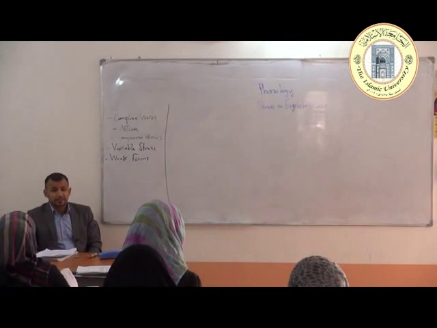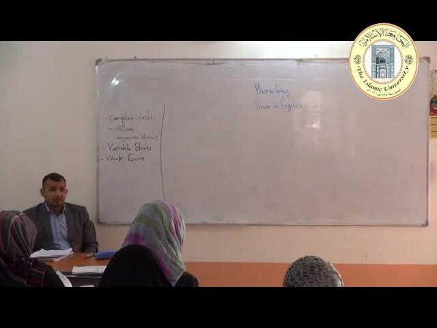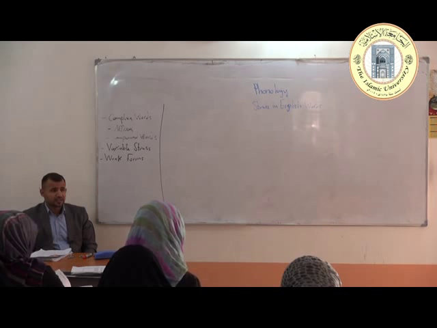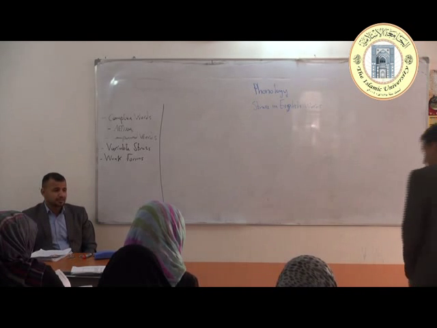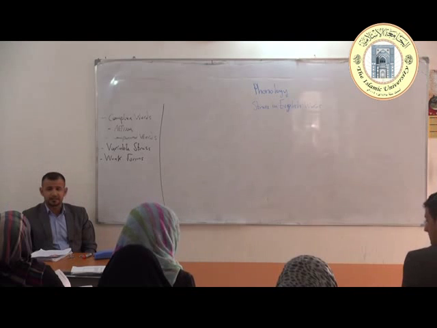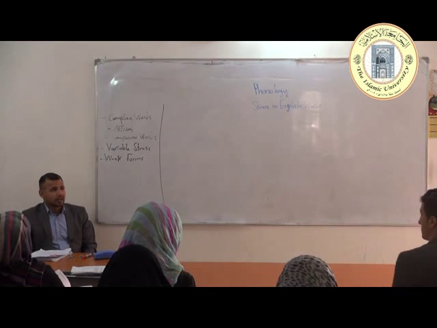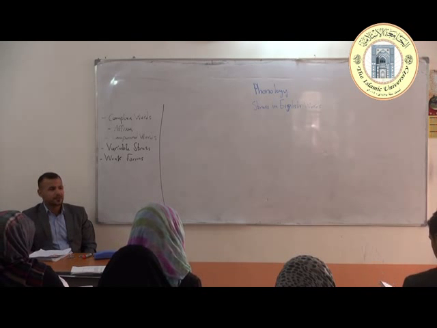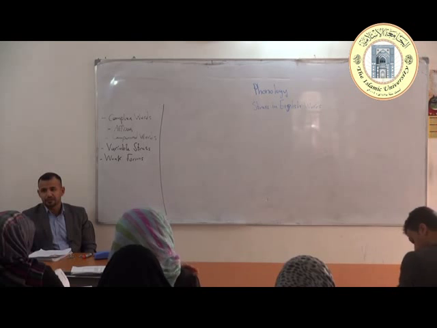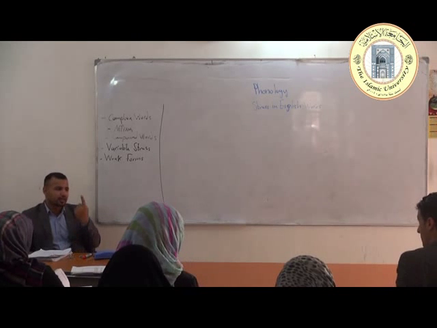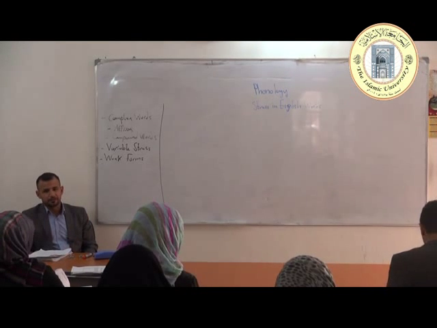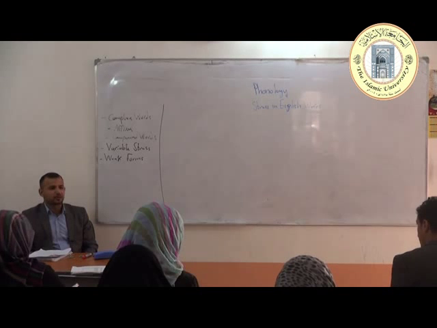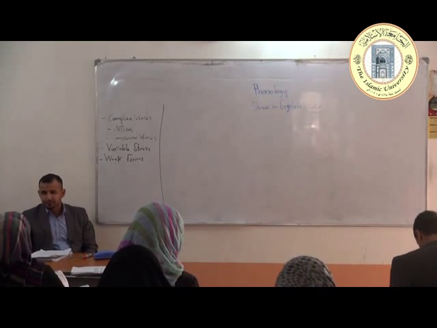Now, affixes are of different types. Among these types are suffixes and prefixes. Now, compound words are two free morphemes combined together, resulting in one morpheme. This is morphologically speaking.